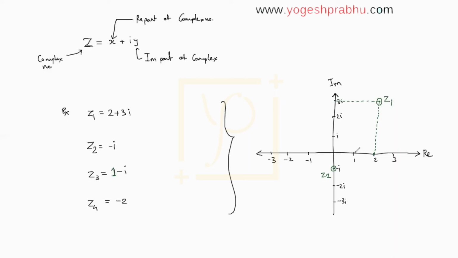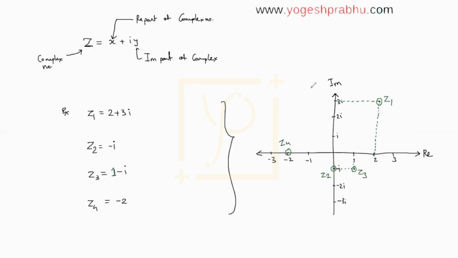You take the real part as 1 and the imaginary part as minus i, so the point of intersection is going to be here, and that is your Z3, the third complex number. And Z4 is just minus 2, and Z4 is going to be here. That's the fourth one. So you can basically plot any complex number as a point on a two-dimensional plane.